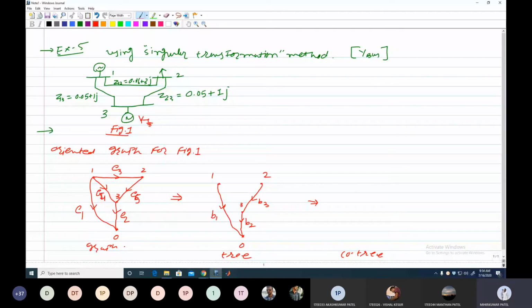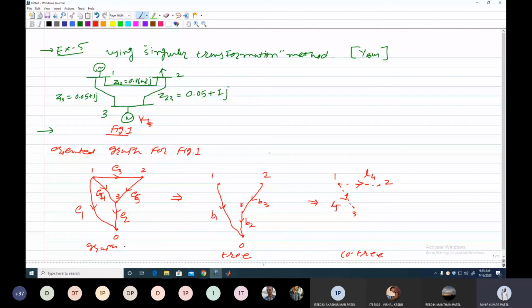Then the rest of the portion, this is your link. So numbering, which one is L4 and which one is L5? L4 is 1, 2, and L5 is 1, 3. Clear. Good.